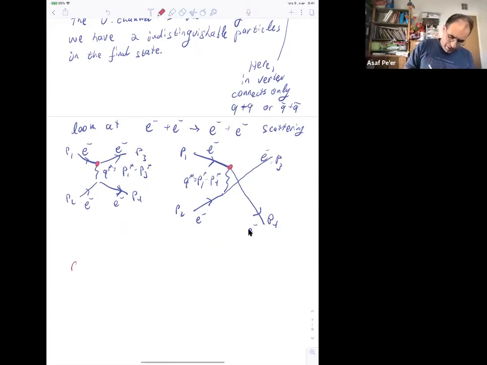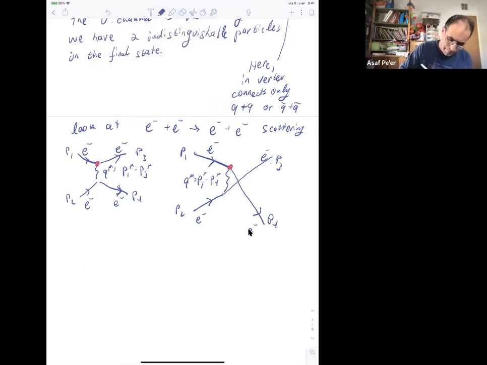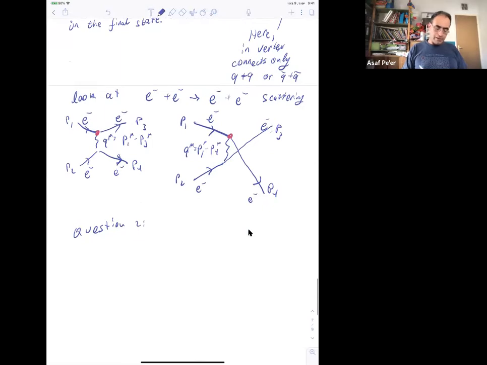Okay, so another question. Question 2. What are the leading order diagrams, or I should say, draw the leading order diagrams contributing to the following processes?